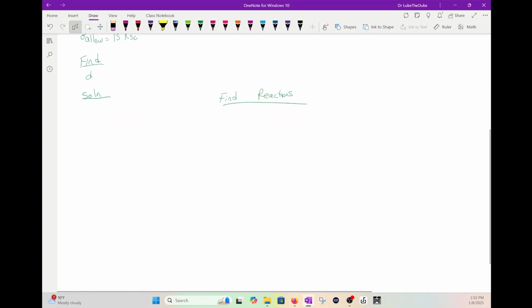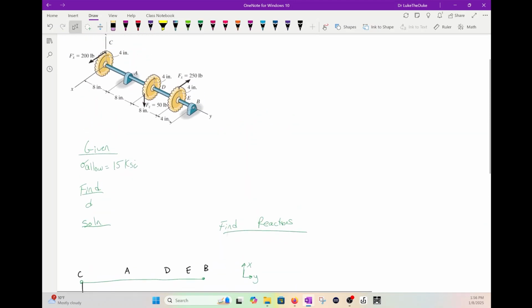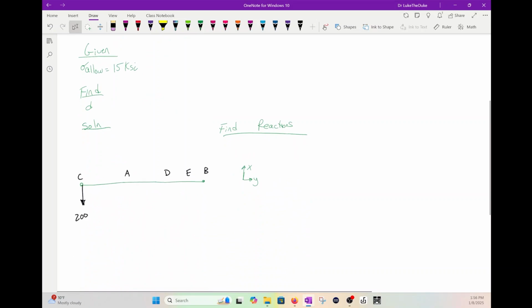Let's look over here. This will be the X, Y plane. These are the points on here. I'll label C, A, D, E, and B. And what we have is 200 going down, okay, because we're looking at the XY plane.